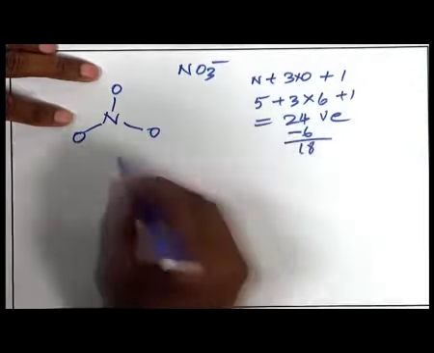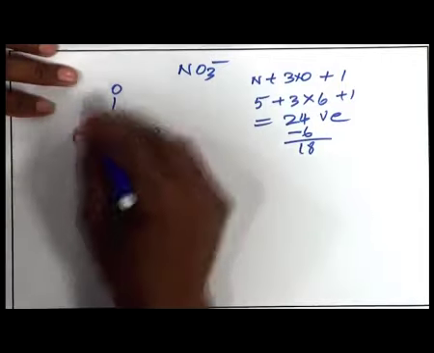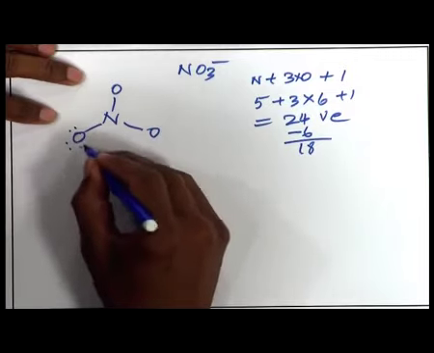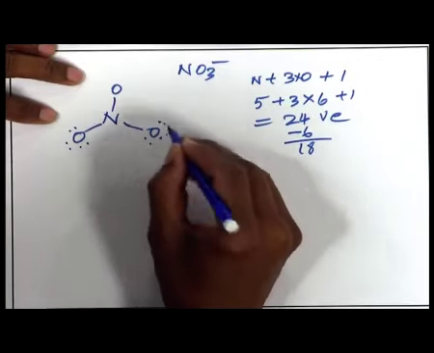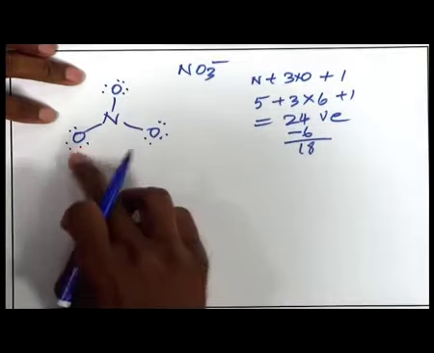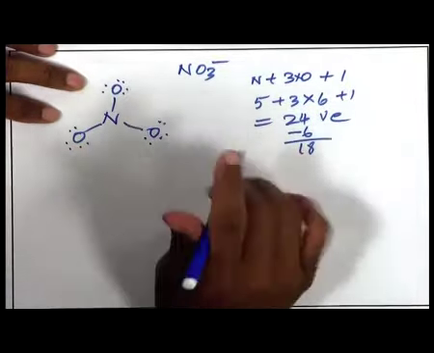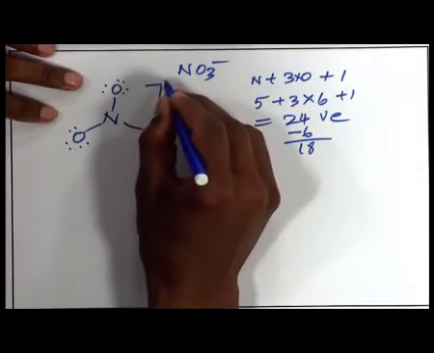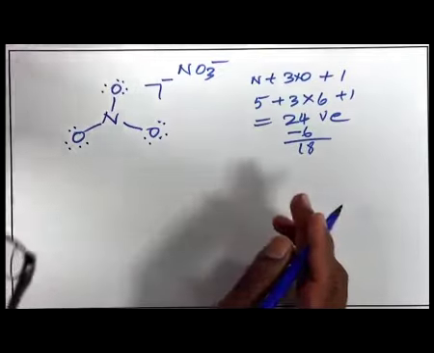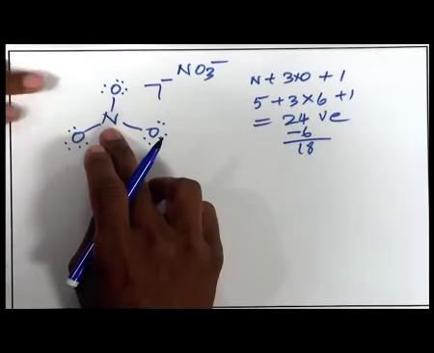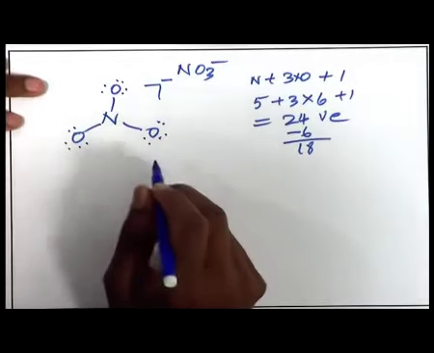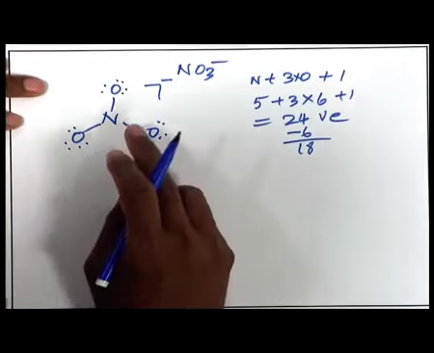That 18 electrons can be distributed around the terminal atoms, then you will see it like that. Now, there are 6, 6, 6, 18. So, 18 electrons are over, and then you have to give the overall charge. Now, if you look at the central atom, the nitrogen atom, it has not attained the octet. Then what you have to do is convert a lone pair into a double bond.